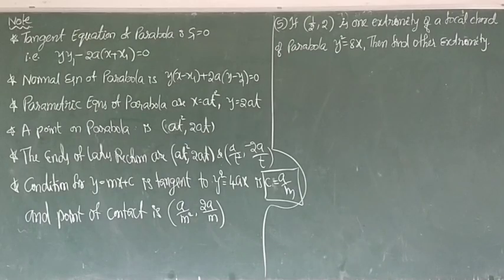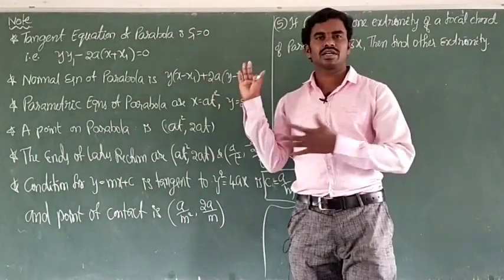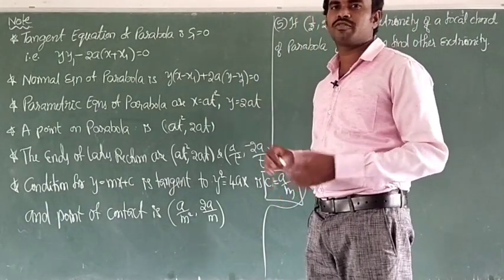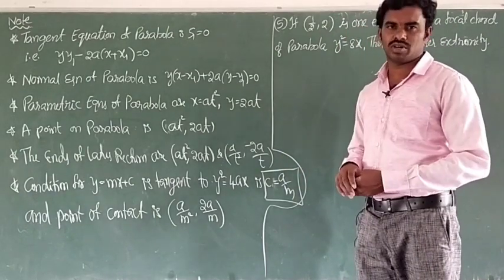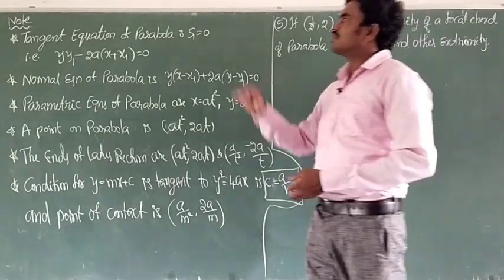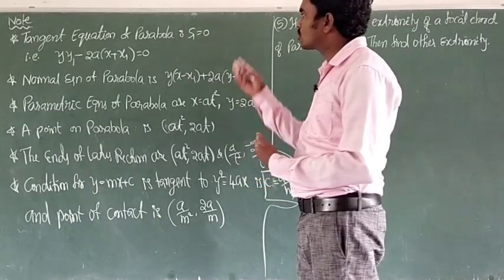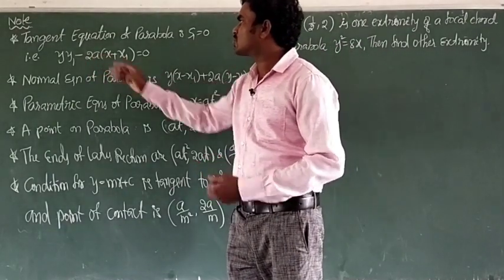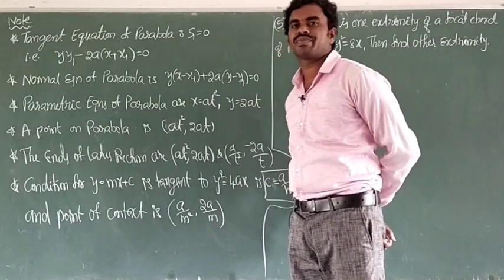Yes, some other points. Finally, these are the key points in this parabola. In some unknown questions also, these are the useful concepts. First one, tangent equation of parabola: this is also S1 equal to 0, that means yy1 minus 2a into (x plus x1) equal to 0.